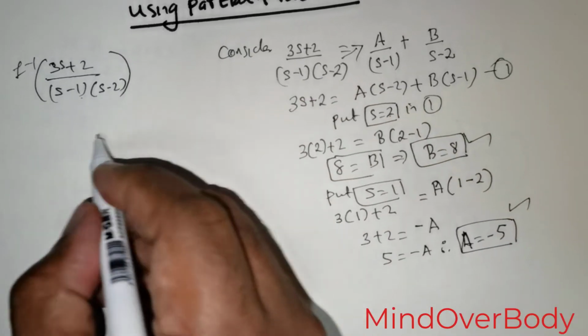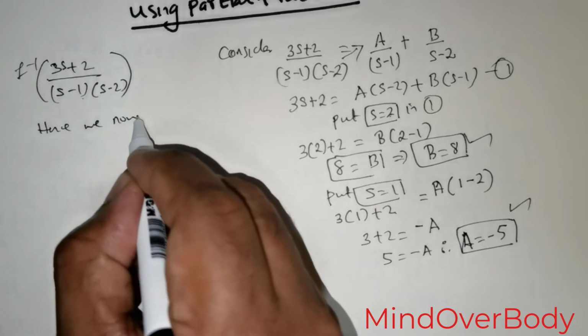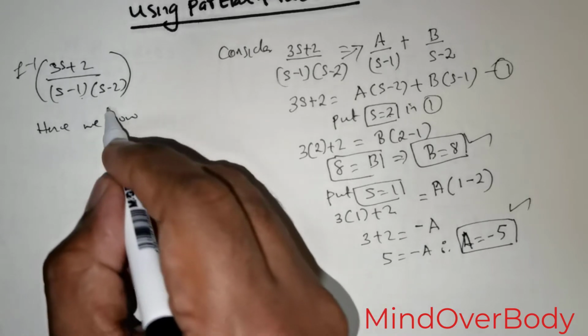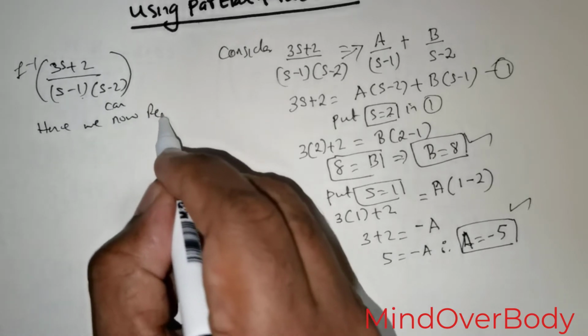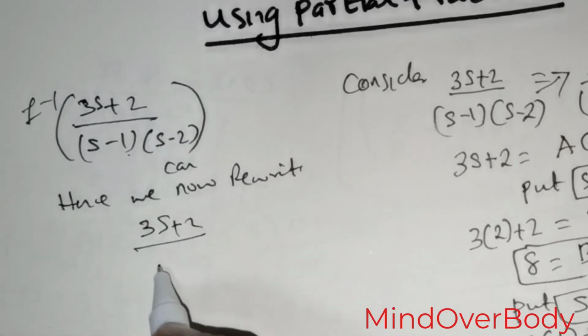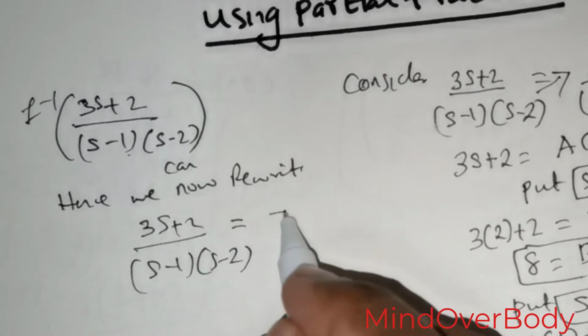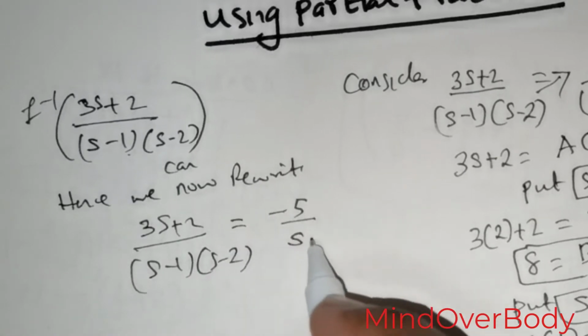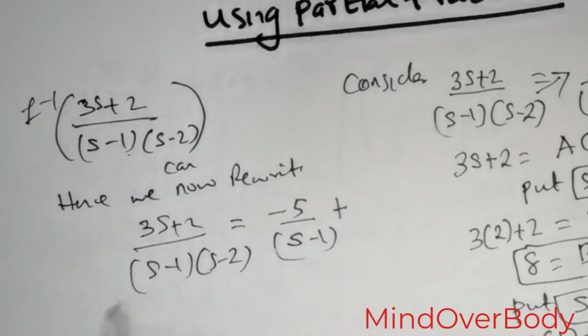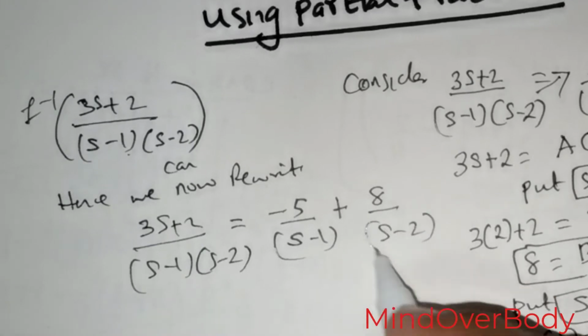Hence we can now rewrite (3s + 2) divided by (s - 1)(s - 2) as negative 5 over (s - 1) plus 8 over (s - 2).